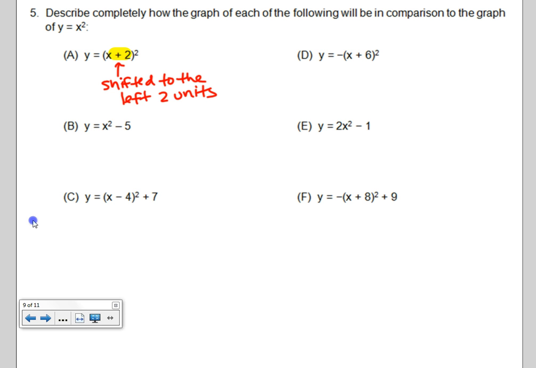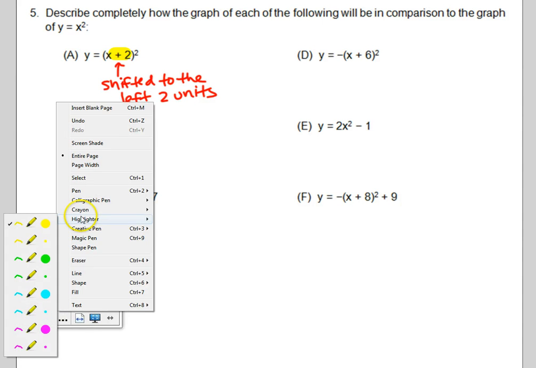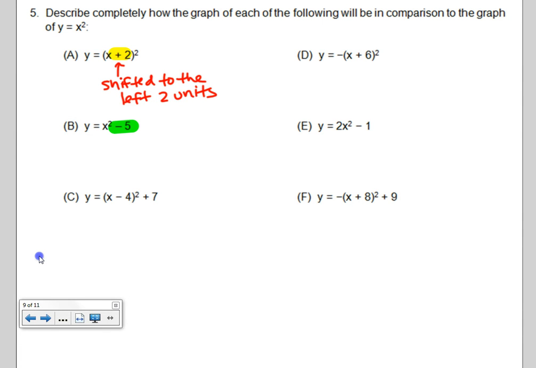Okay, on problem B. This has a -5 at the end, not inside the parenthesis set. That's the big difference. If it's on the outside, then this means the graph got shifted down 5 units.